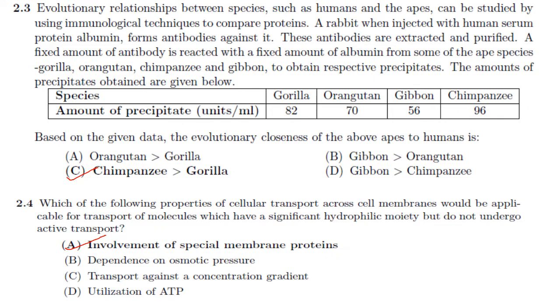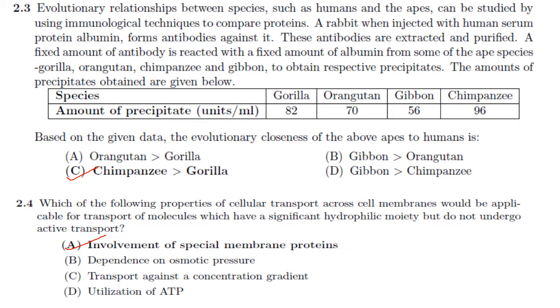So albumin is the antigen, and the antibody raised in rabbit is the antibody that they have used for reaction with albumin present in ape species, that is gorilla, orangutan, chimpanzee and gibbon, and they obtained precipitates in units per ml. They have given a tabular column showing the amounts of precipitate that they obtained. So the more the amount of precipitate per unit ml, the more closer it is to the human.